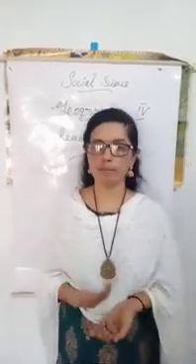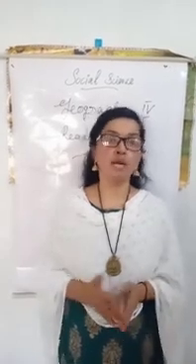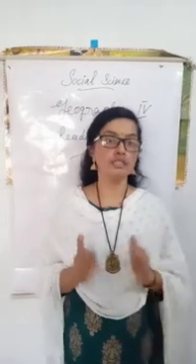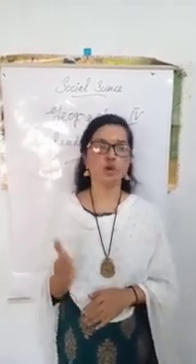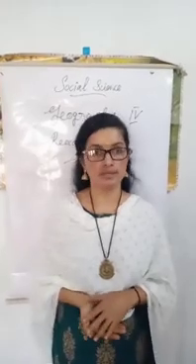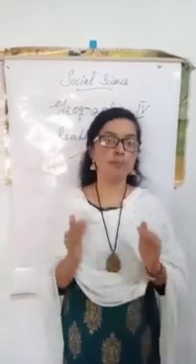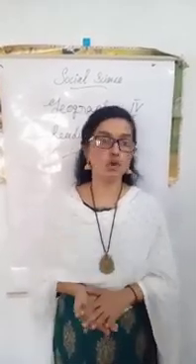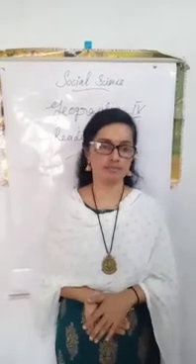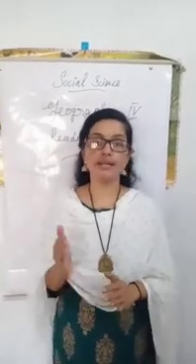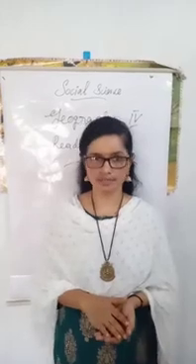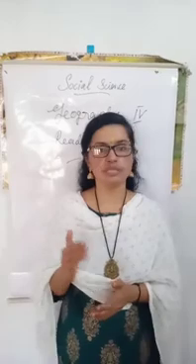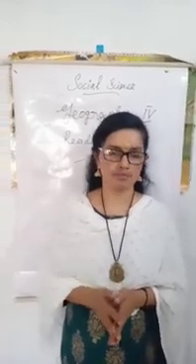Once again, I repeat the main points. A map overcomes the limitations of a globe. Most maps have a scale, a north arrow, and a legend. Scale shows the ratio between the distance on a map and the distance on the surface of the earth. There are cardinal directions and intermediate directions. Legend is a key to the symbols used in a map.